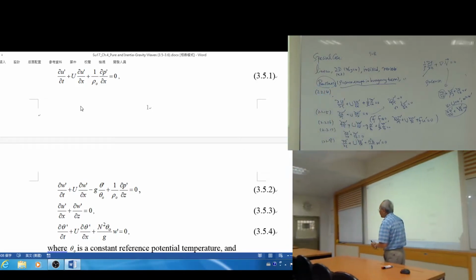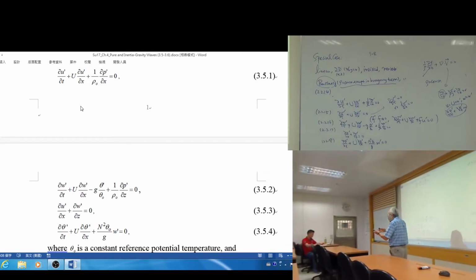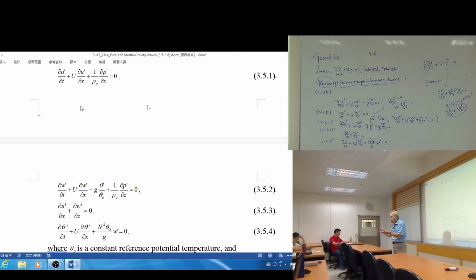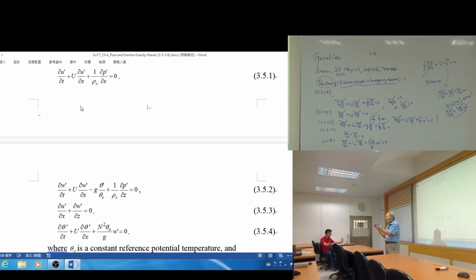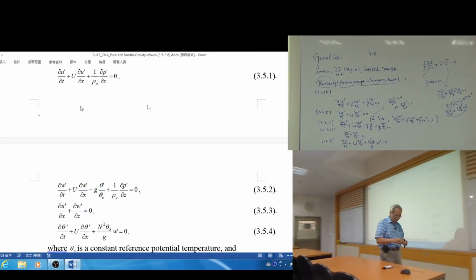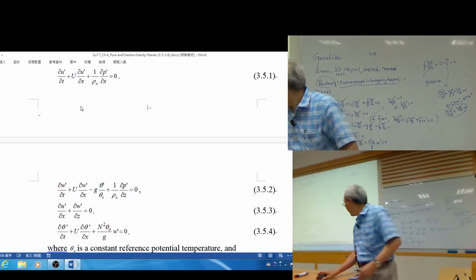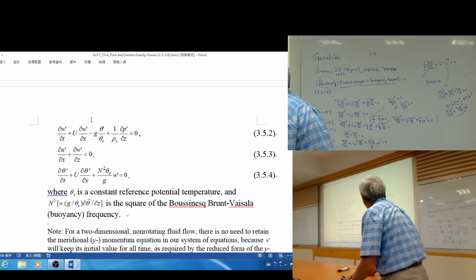You can combine them together as an equation of p prime or even u prime, but traditionally we use w prime. On large scales, people more or less combine into p prime. So those can be combined.